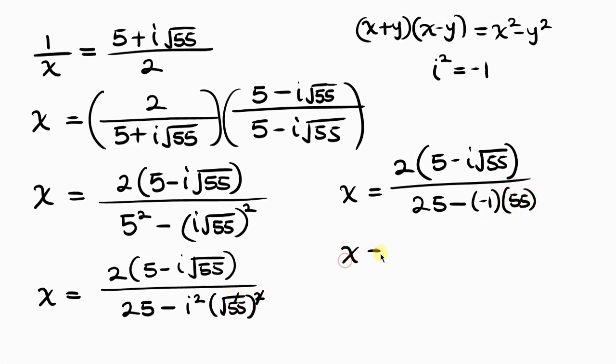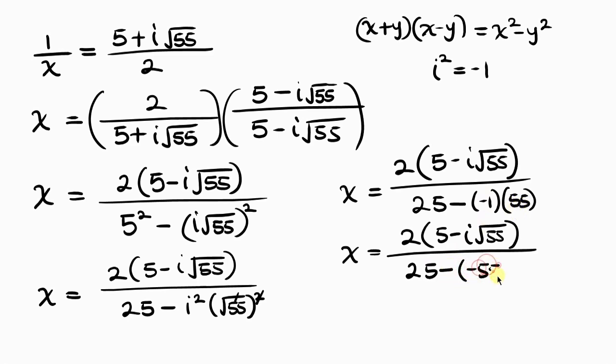So x becomes 2 times 5 minus i root 55 all over 25, minus -1 times 55, which is -55, right?